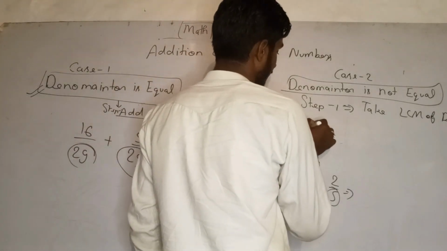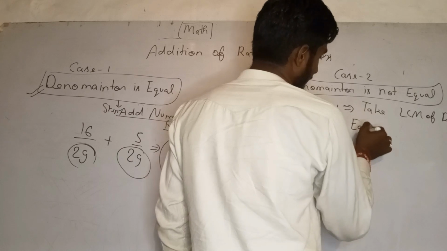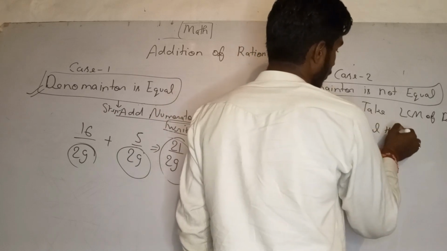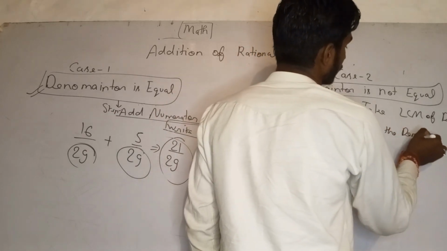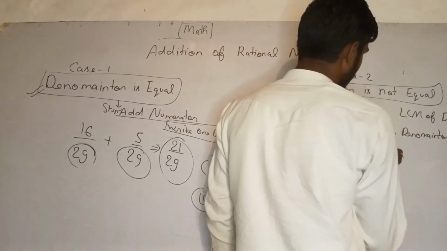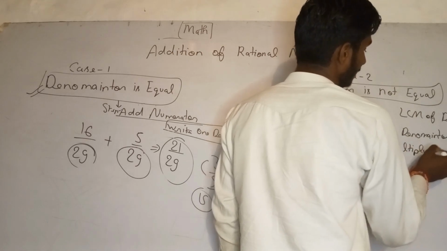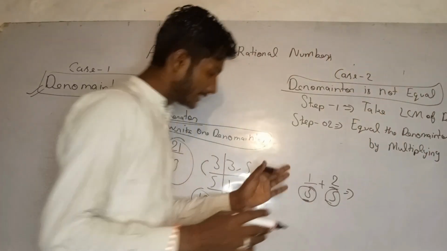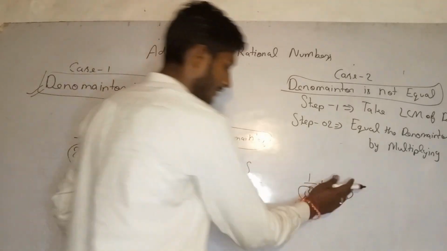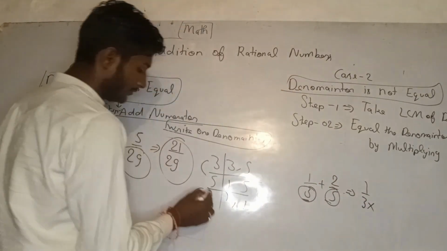Step 2: equalize the denominators by multiplying. We complete this step with 1 upon 3.